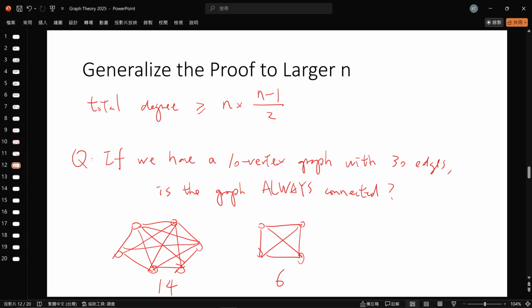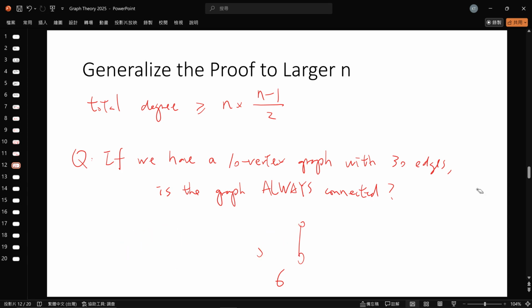Exactly. So it's 9 times (9 minus 1) divided by 2. Here we have a complete graph of 9 vertices and 1 vertex here.